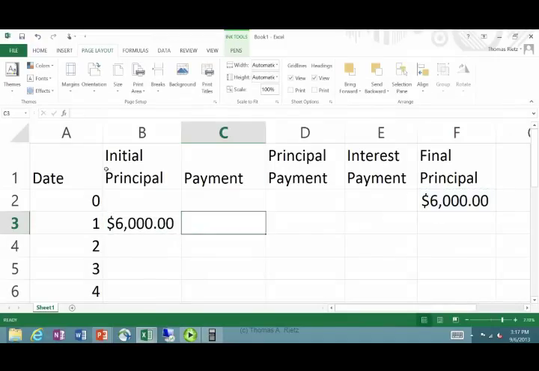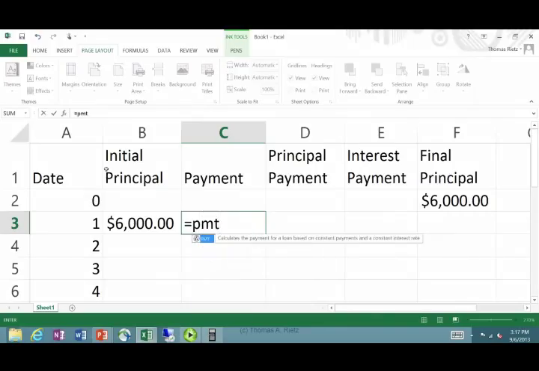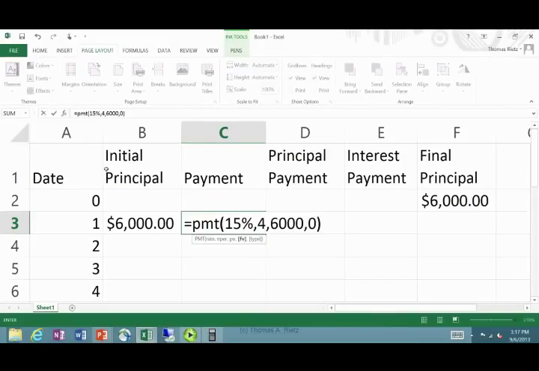Now my payment here is going to be constant. Now Excel has the same functions as your calculator. You can use the payment function with the arguments interest rate, 15%, number of periods, 4, present value, $6,000, and if you have it future value, I'll just put it in 0 to get the payment.